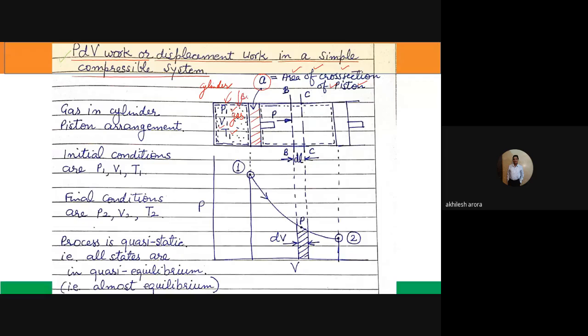Inside the boundary there is gas, so our thermodynamic system is the gas, and this gas is now in a thermodynamic equilibrium state at this particular point.